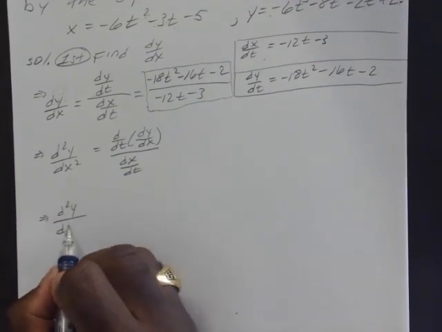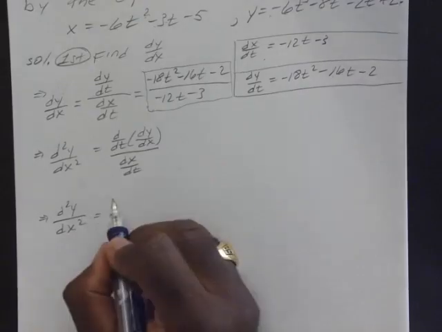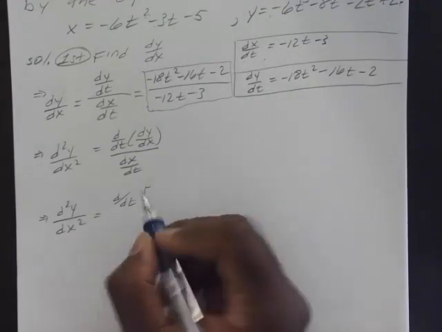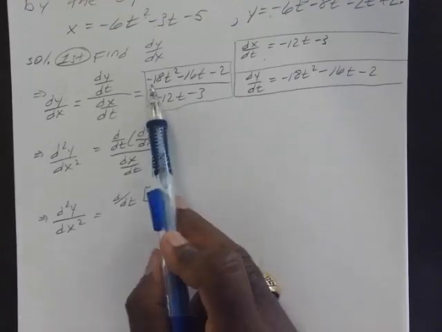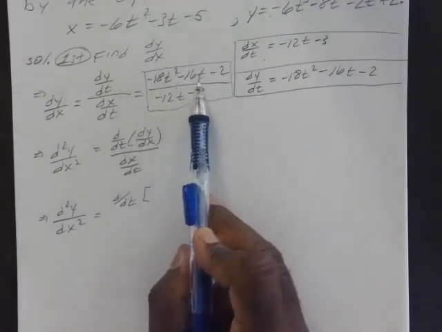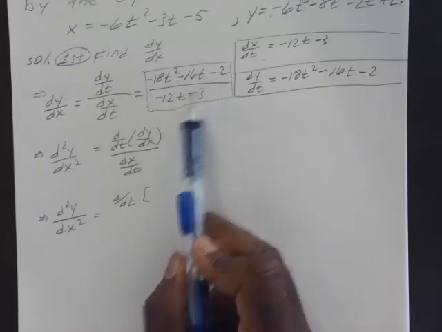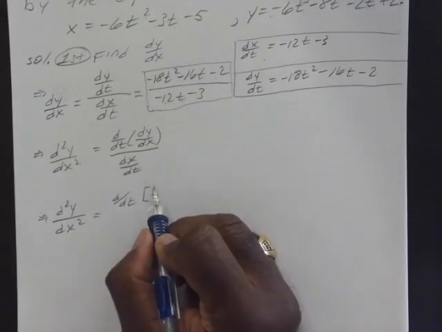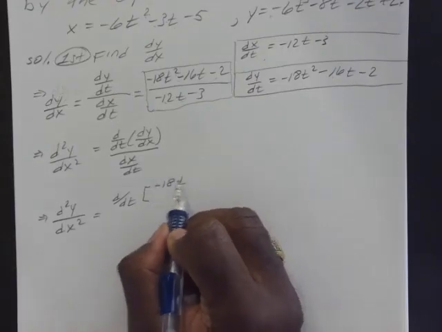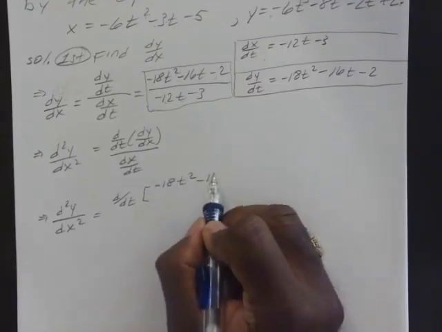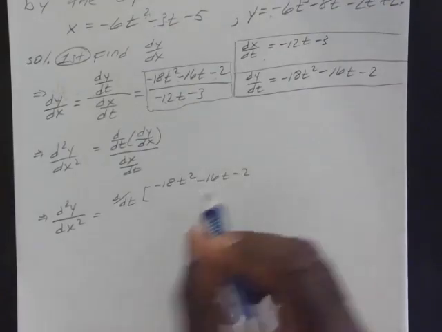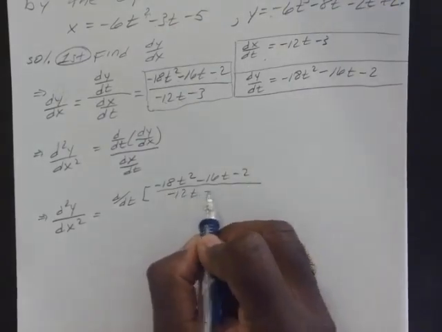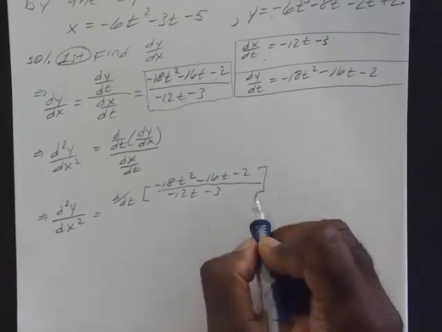Okay, so that means your second derivative is equal to the derivative with respect to t of negative 18t squared minus 16t minus 2 divided by negative 12t minus 3.